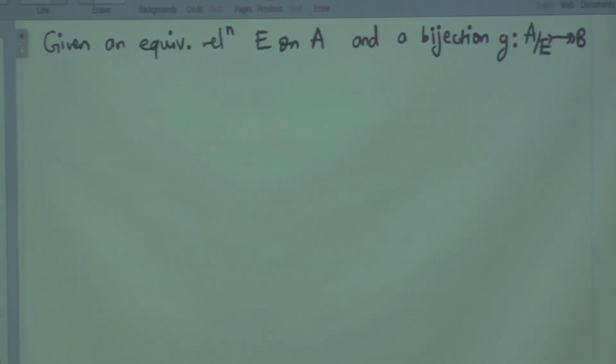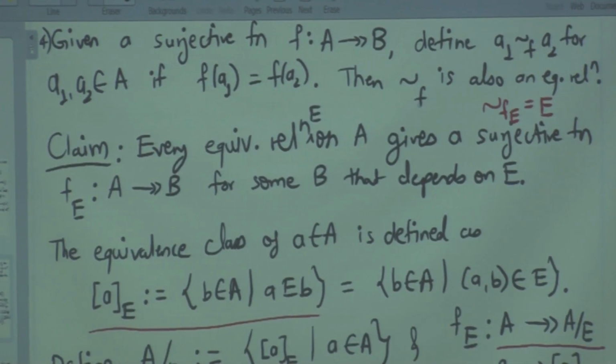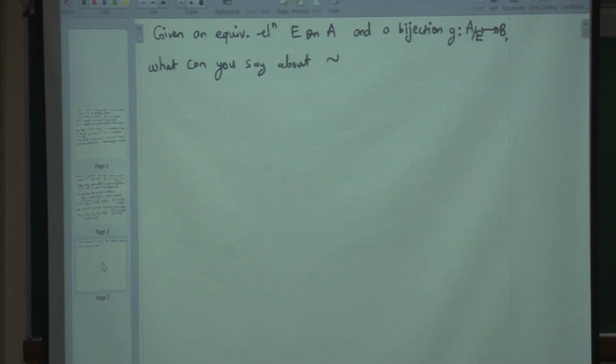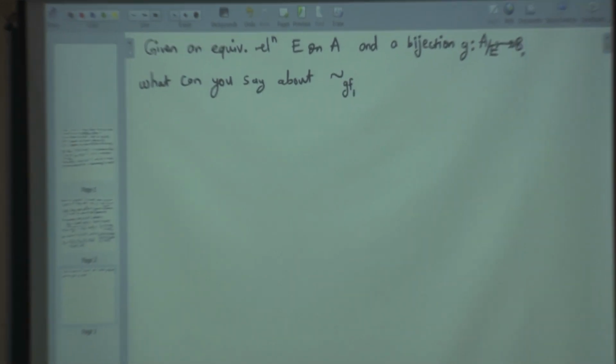B is any set and there is a bijection between A mod E and B. Okay, then what can you say about the relation tilde? Please observe tilde sub f, we are defining tilde with respect to a surjective function. So I am going to write down the function g composed with f sub E.